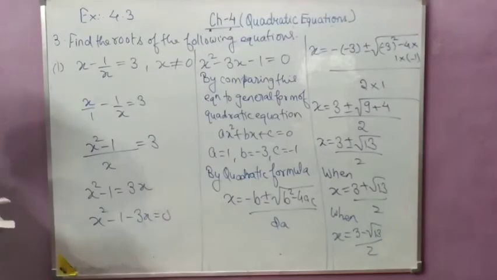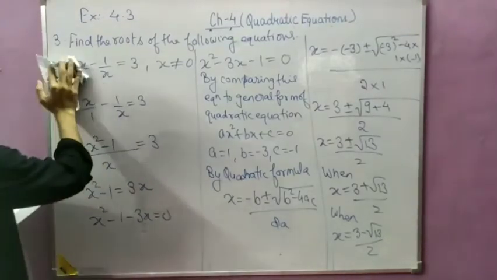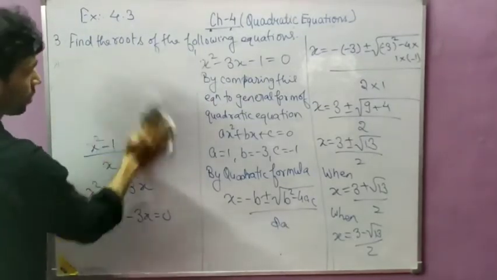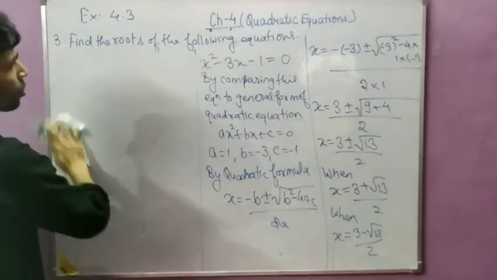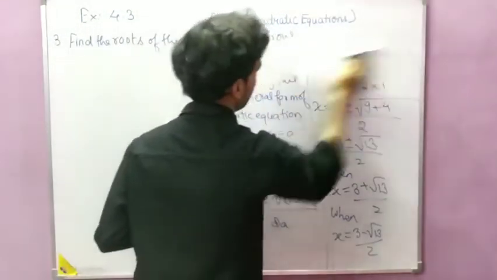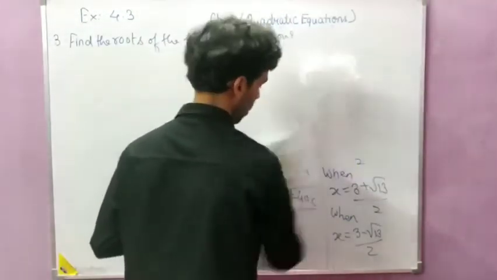Now I am going to solve the second part of the third question. Okay, I think you have understood. You just have to use the basic concept. Very simple question.